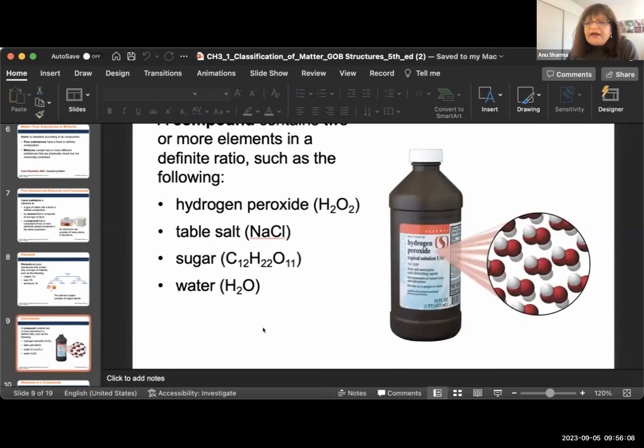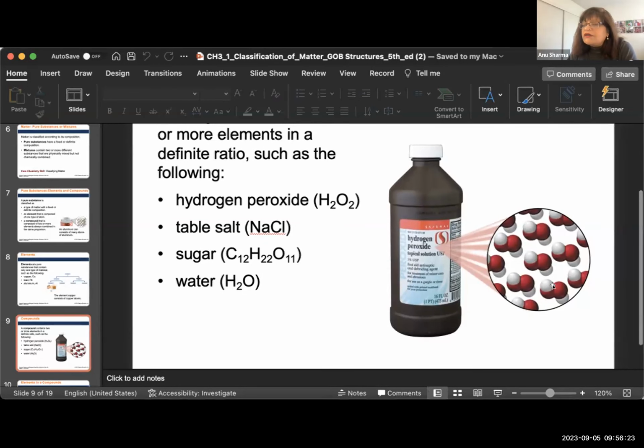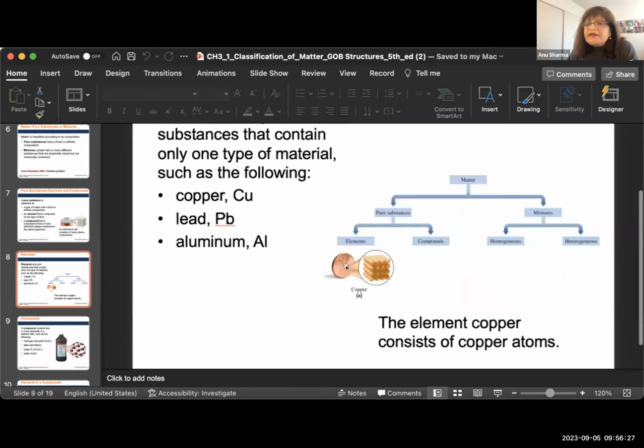We will study about the atom, but an atom defines the elements, okay? Compounds, on the other hand, are made up of two or more substances chemically combined together. So for example, here, hydrogen peroxide. Here, 2 atoms of hydrogen and 2 atoms of oxygen are combined in a very definite ratio. The smallest particle is called the molecule. So the compounds are made by chemical reactions.